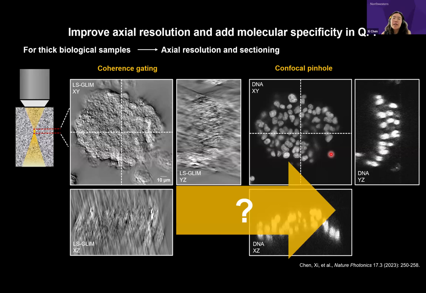So if we can do label-free imaging of this spheroid, and then use a computational algorithm to retrieve that biochemical specificity, that would be the best, because then we can do label-free, no staining, we can image with minimal power, and we can image over a long period of time.